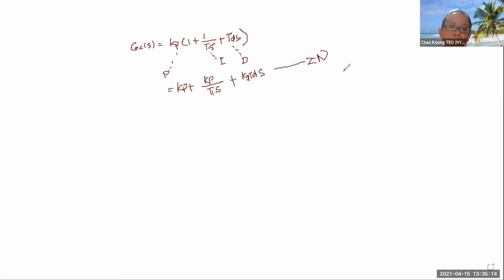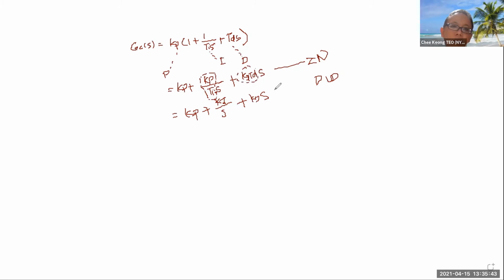Now what about our conventional PID? In the conventional PID, we have Kp, which is the same, and our Ki over S. Now look at this, it's slightly different. Your Ki is actually Kp over Ti, and this is Ki over S. And then of course this Kd S, so your Kd is actually Kp Td.